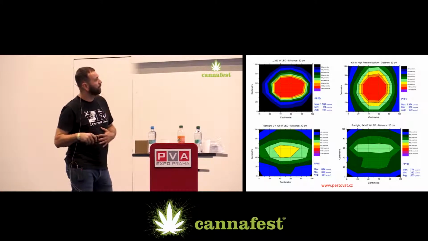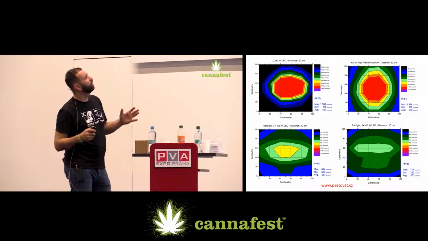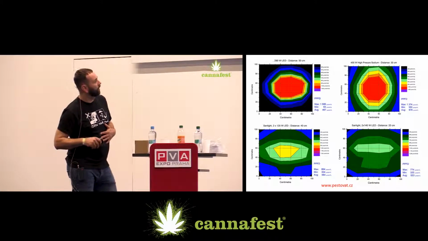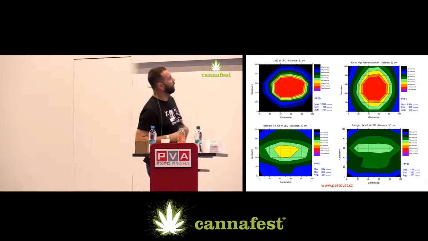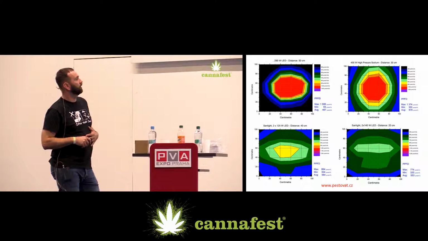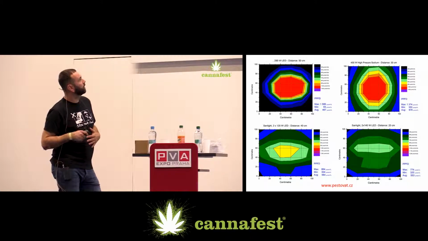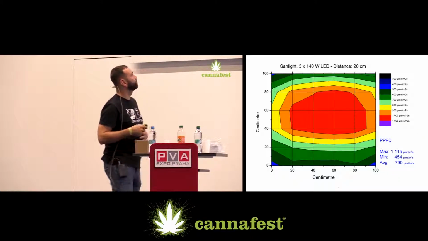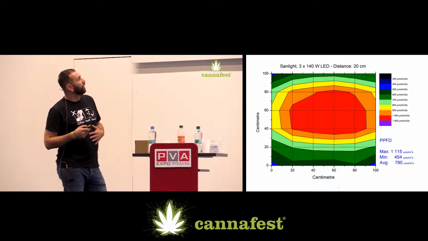You can see that the light distribution is in fact much more uniform. We don't have that high intensity here, but what we do have is a good scattering. So on average, you can see that we are getting much better results than with the module which is not elongated.